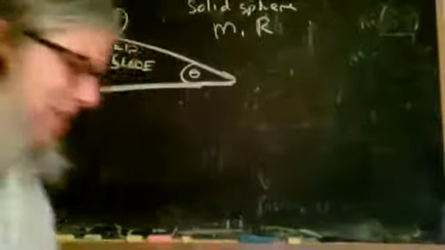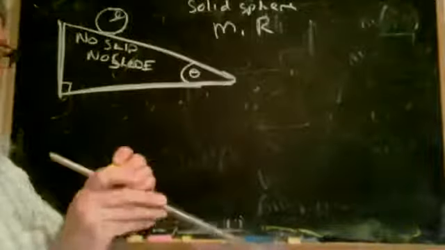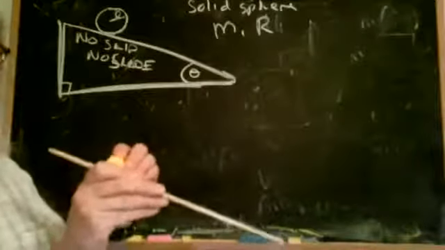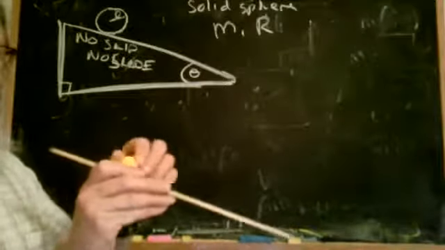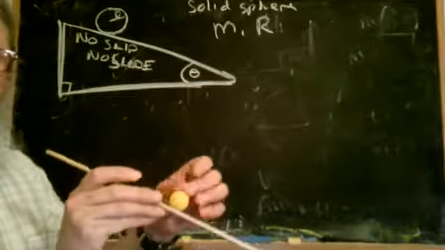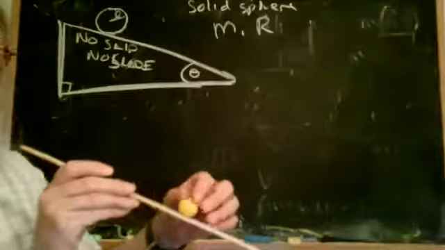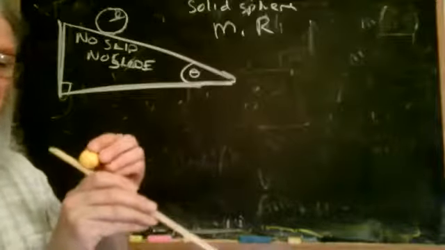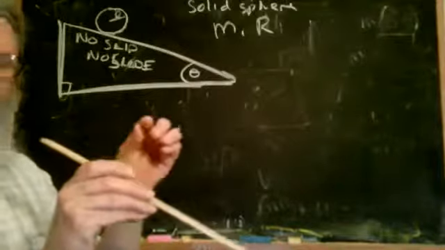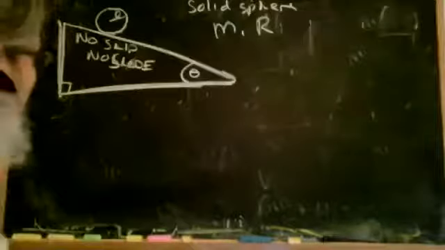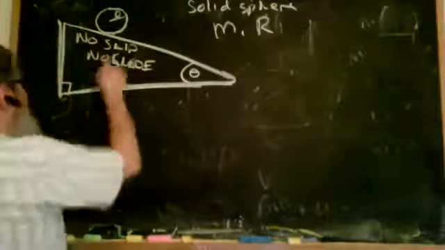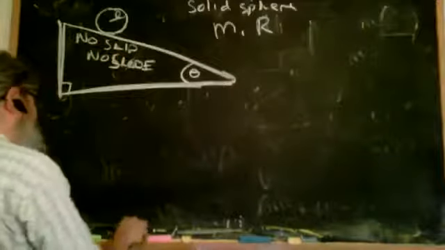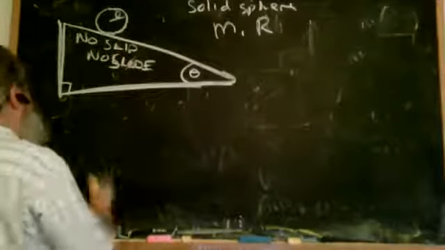And the key issue is that it's going to roll without slipping or sliding, which is to say, as it goes down the ramp, at every point in contact, it doesn't skid. It just rolls. Kind of rolled off there, but you get the idea. So this is important. No slip, no slide does not mean no friction.